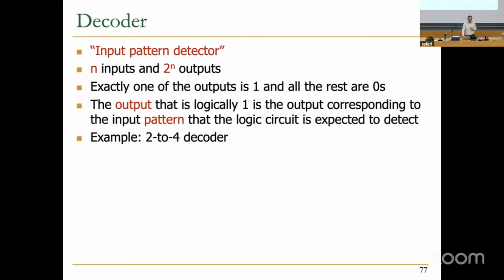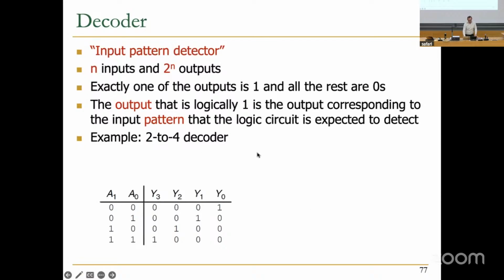So let's take a look at it. This is a 2 to 4 decoder. This is our truth table. Now, if we have 2 inputs, 4 outputs, as I said, Y0 is 1 only if both of the inputs are 0. Y1 is 1, and only Y1 is 1, only if the inputs are 0, 1.